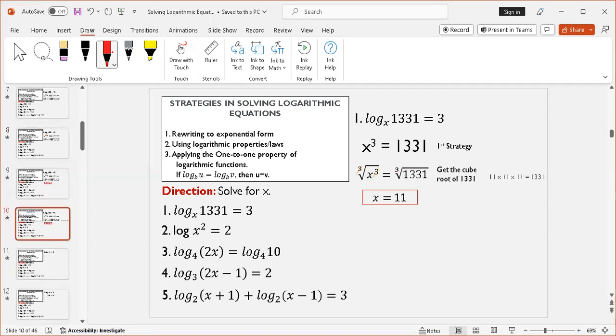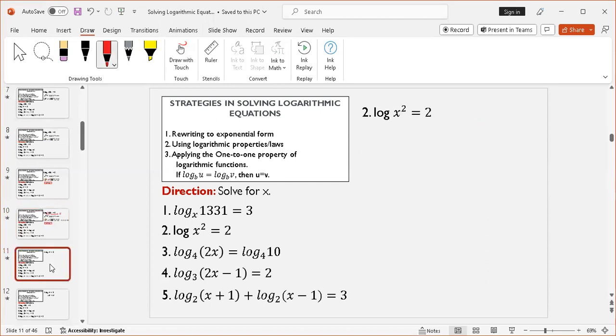Okay. So, we get 11 kasi 11 times 11 times 11 is 1,331. So, therefore, the value of the base here is 11. That's for example number 1.